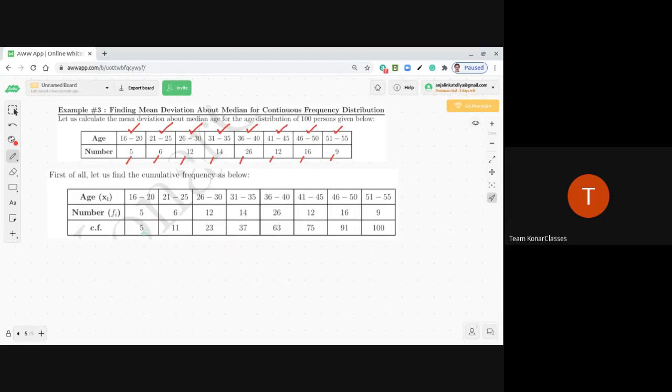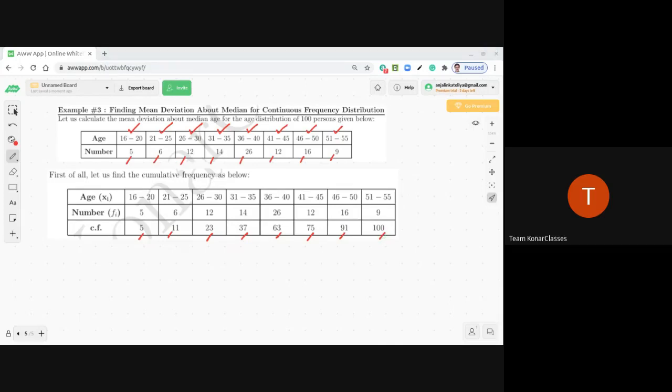Here it is 5, then 5 plus 6 is 11, 11 plus 12 is 23, 23 plus 14 is 37, 37 plus 26 is 63, 63 plus 12 is 75, 75 plus 16 is 91, and 91 plus 9 is 100. So this is the cumulative frequency.